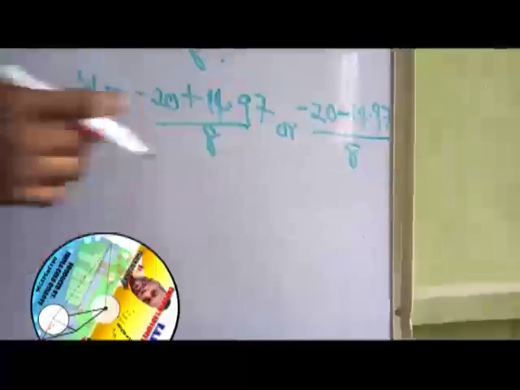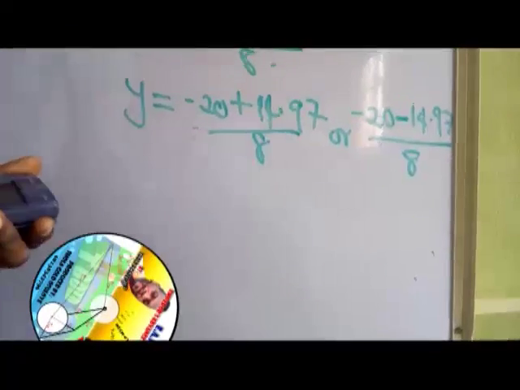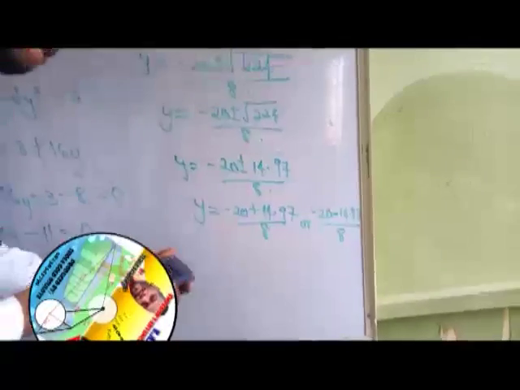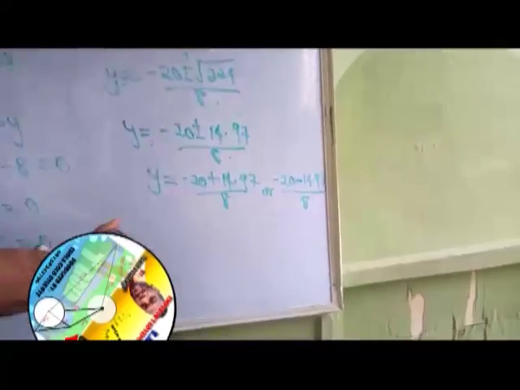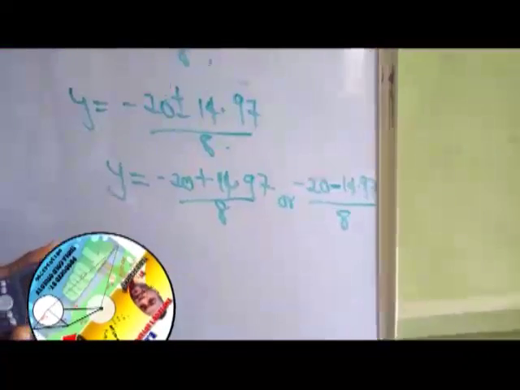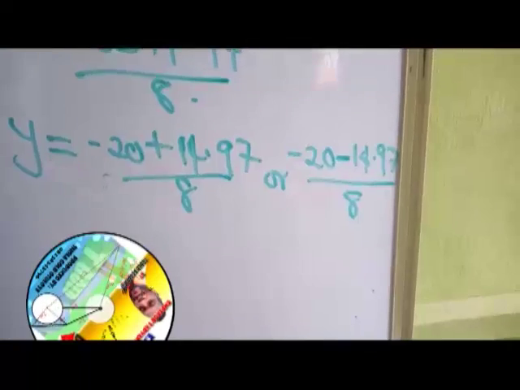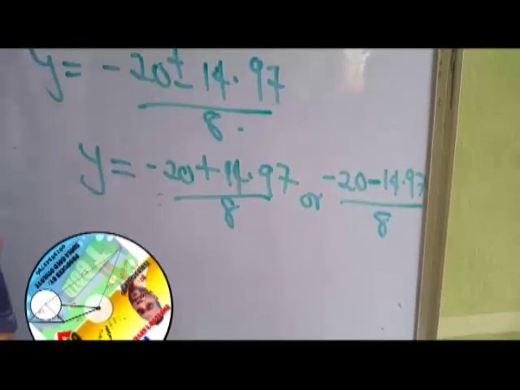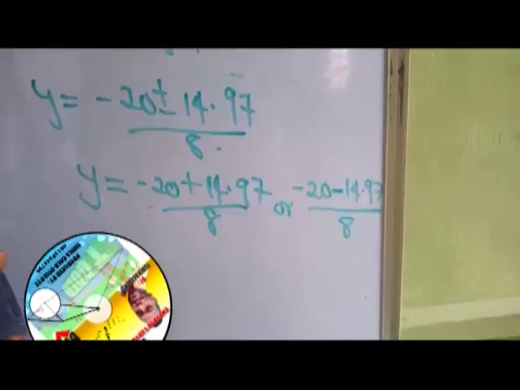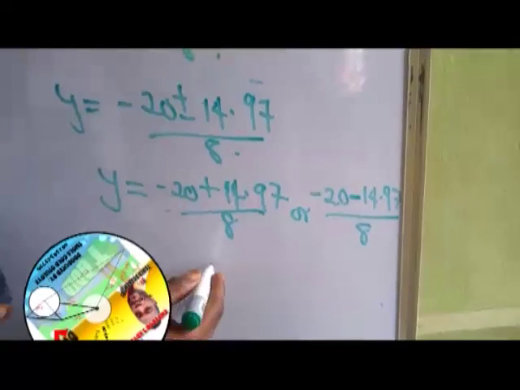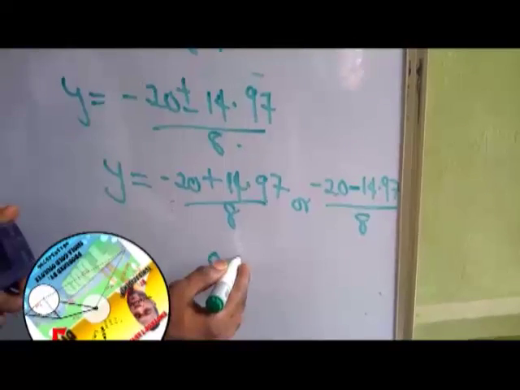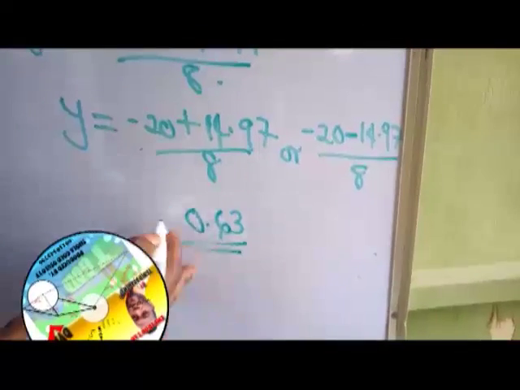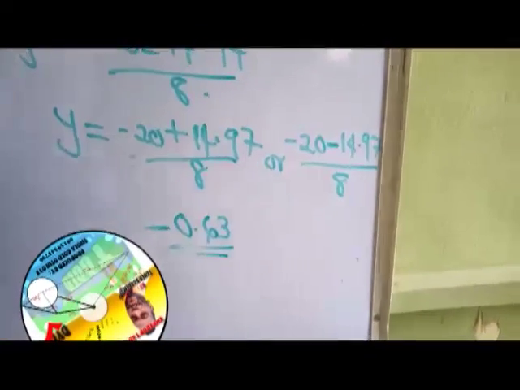So that's minus 20 plus 14.97, divided by 8, that gives me minus 0.63.